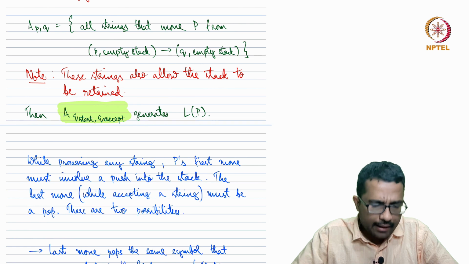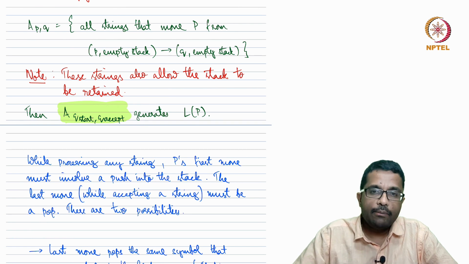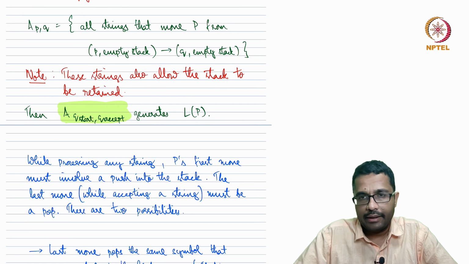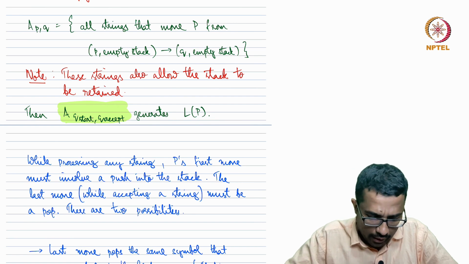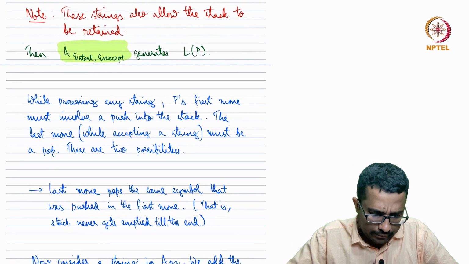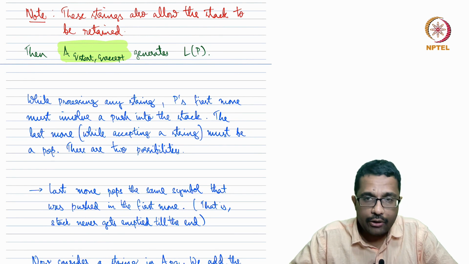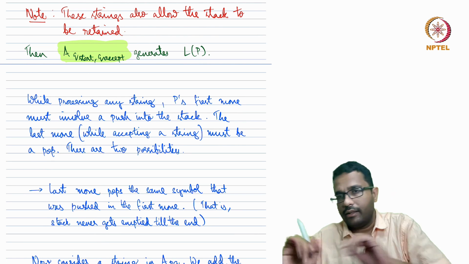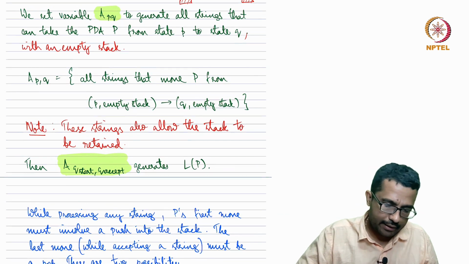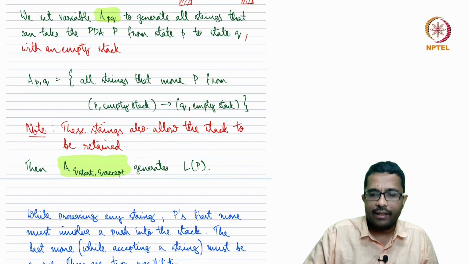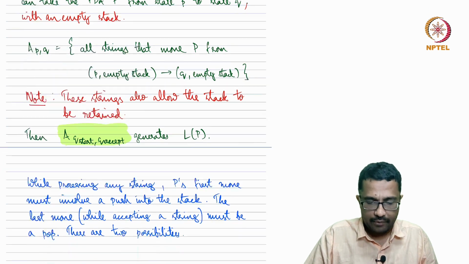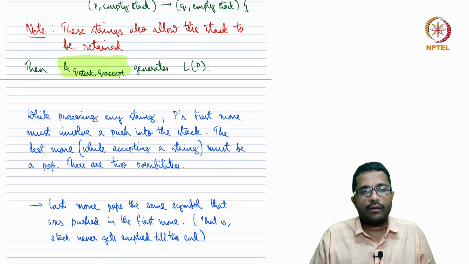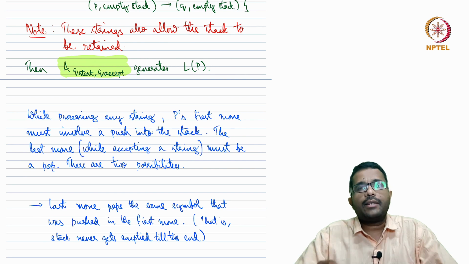So let's consider what happens when we move from a state P to a state Q. When you're moving from state P to state Q, let's say we start with the empty stack, and that's what the definition is: P comma empty stack to Q comma empty stack, right? So there are two possibilities, right? So let's see what happens.